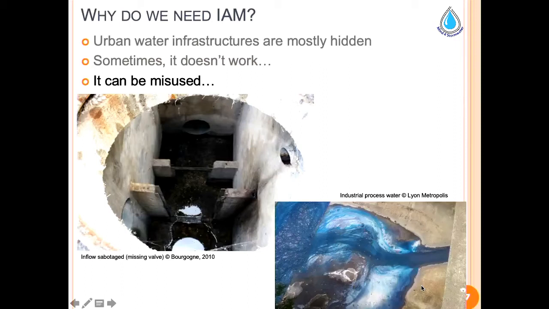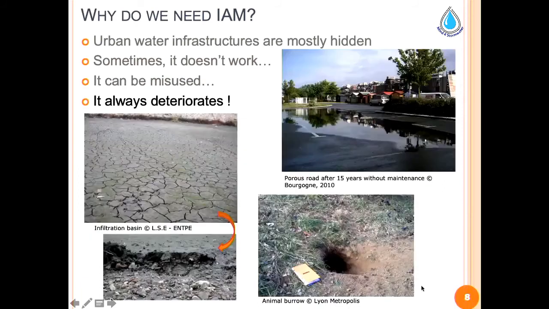So they decided to remove the valve. So you have the picture of the inlet of the basin, and the inhabitant just removed the valve. So now the water, any water, will go straight and will fill the pond. So it's not supposed to be like that. Again, it's misuse. So you also have to know when the system will be misused, and you have to know why, and then you can maybe find a solution.